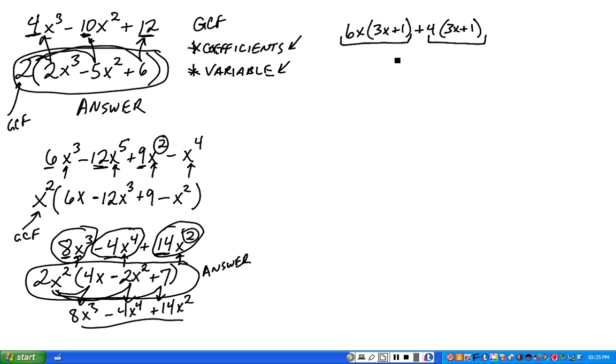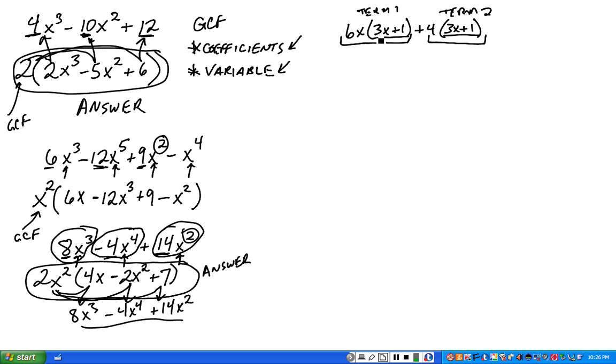Alright, so when we look at the two terms, like I say, this would be term 1 and this would be term 2. I know it looks ugly, but you get the point. Term 1 and term 2. When I look at the two terms, I realize what they have in common is this 3x plus 1.